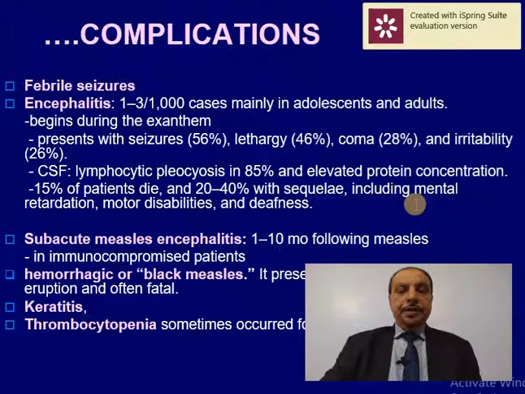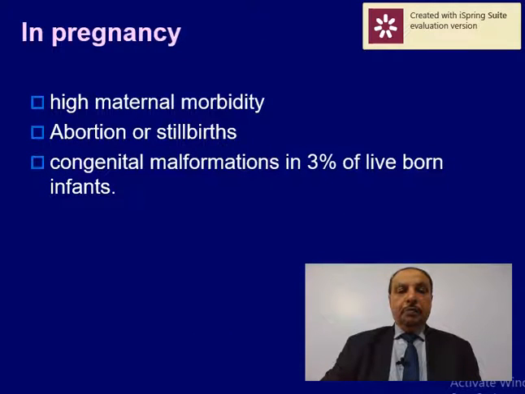Another complication is subacute measles encephalitis, and it will be 1 to 10 months following measles in an immunocompromised patient. There is again hemorrhagic or black measles. This is fatal. And again keratitis, one of the complications, and thrombocytopenia also can occur following measles.